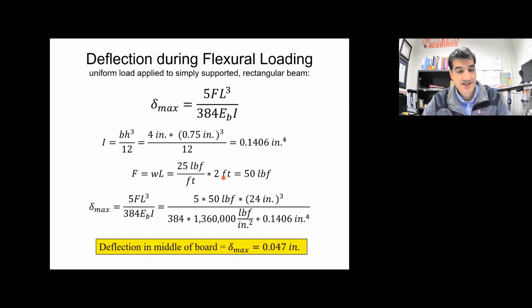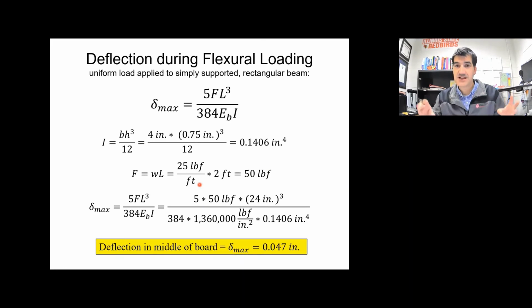This brings up a good thing to talk about: you have to be careful of your units. What if I had plugged in 24 inches right here? Then the answer would be 25 pounds force times inches divided by feet, and inches and feet don't cancel out. So you have to look at your units.